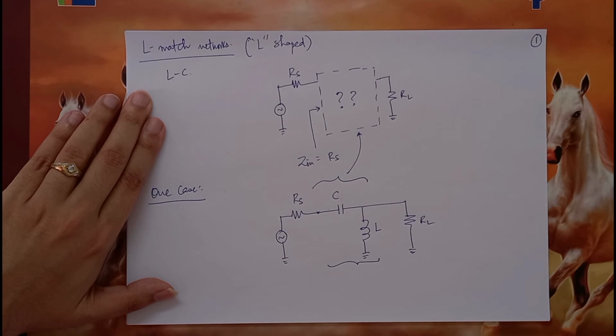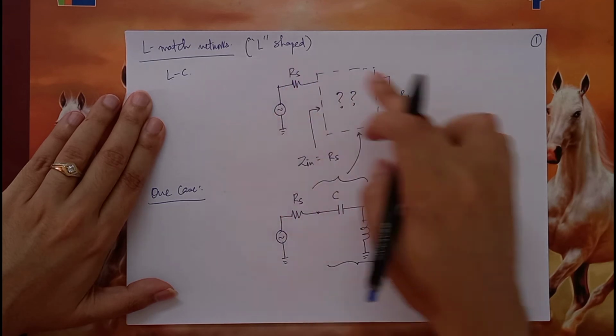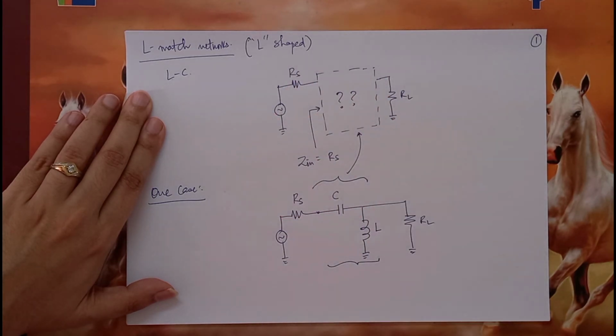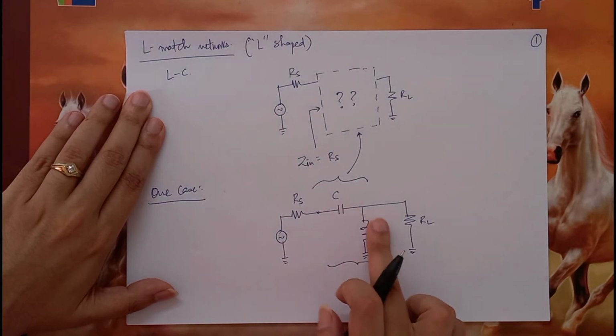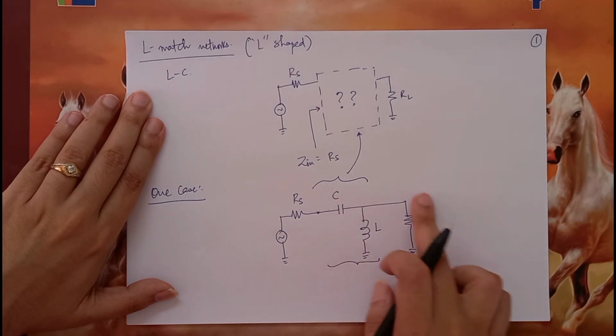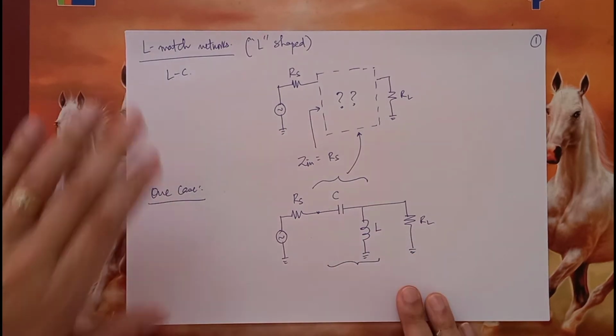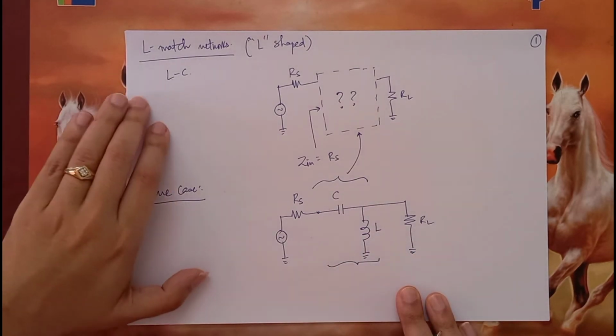The point to note over here is that while RS and RL are purely real, this C and L are reactive elements. So this L and C are frequency dependent. So definitely the impedance that is offered by this transformer will be a function of frequency.